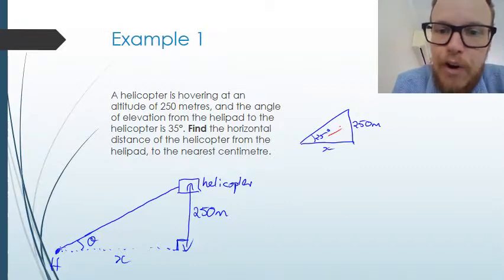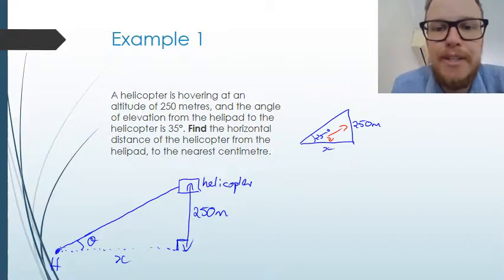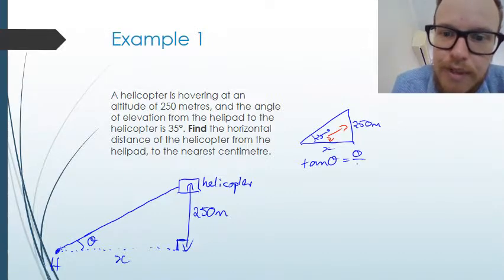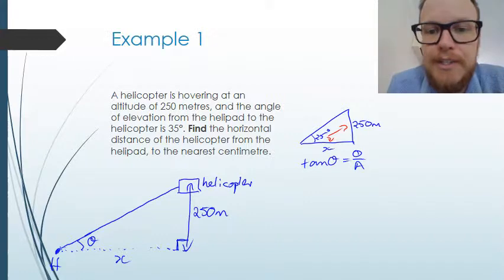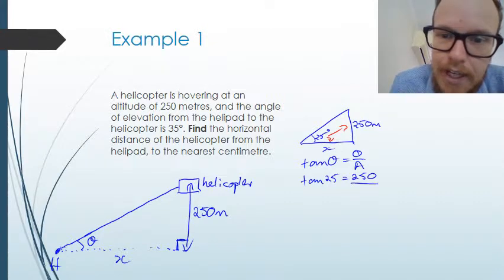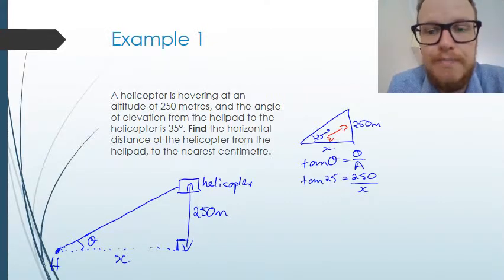We have got our opposite side to the angle, and we've got our adjacent side to the angle. So because we've got the opposite and adjacent, that means we need to use our tan relationship. So tan theta is equal to opposite over adjacent. Our angle is 25 degrees, opposite side is 250, and our adjacent is x, what we're trying to find.